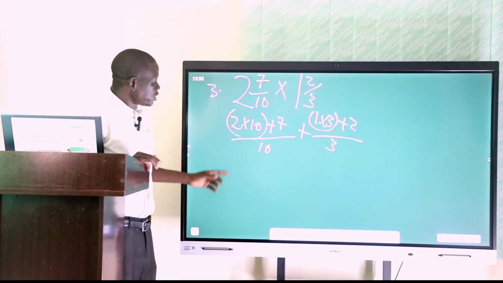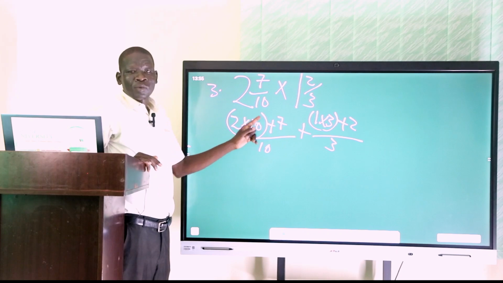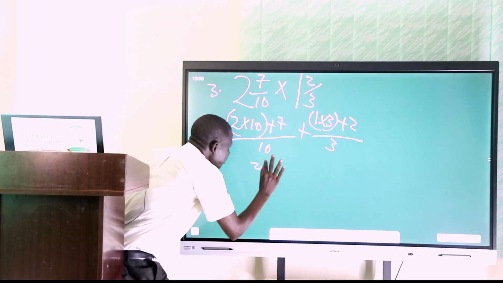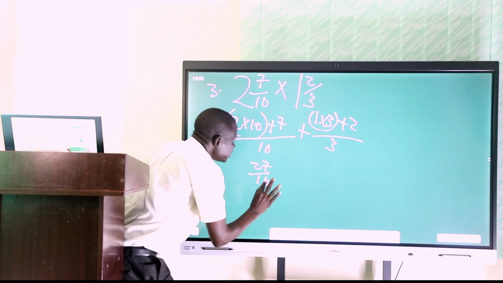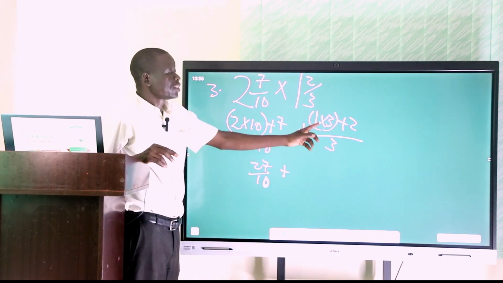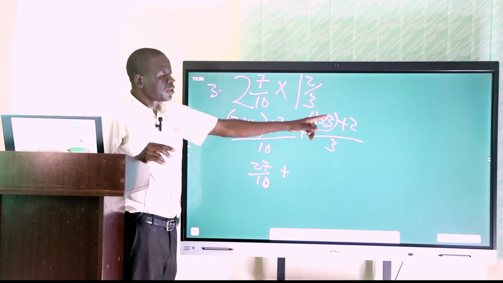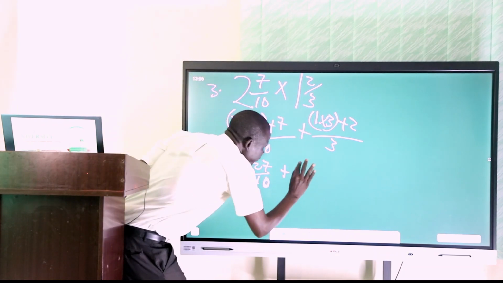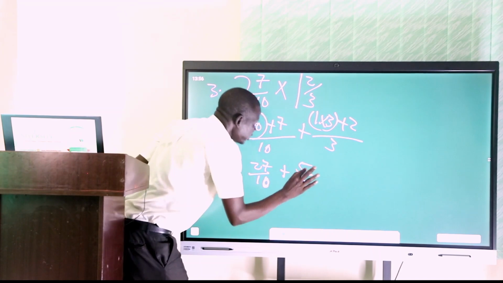So in this case, 20 plus 7, we get 27 over 10. Then 1 times 3 is 3, plus 2, which is 5 over 3.